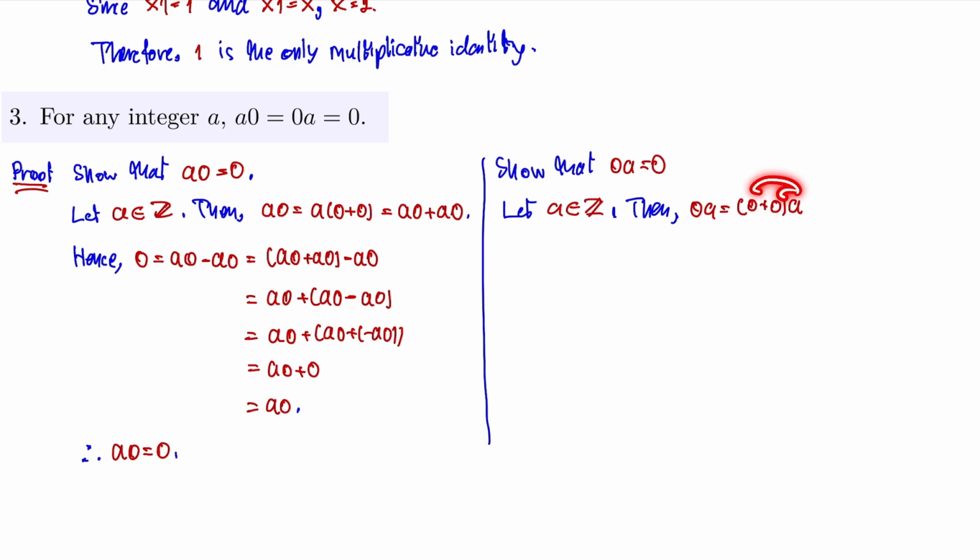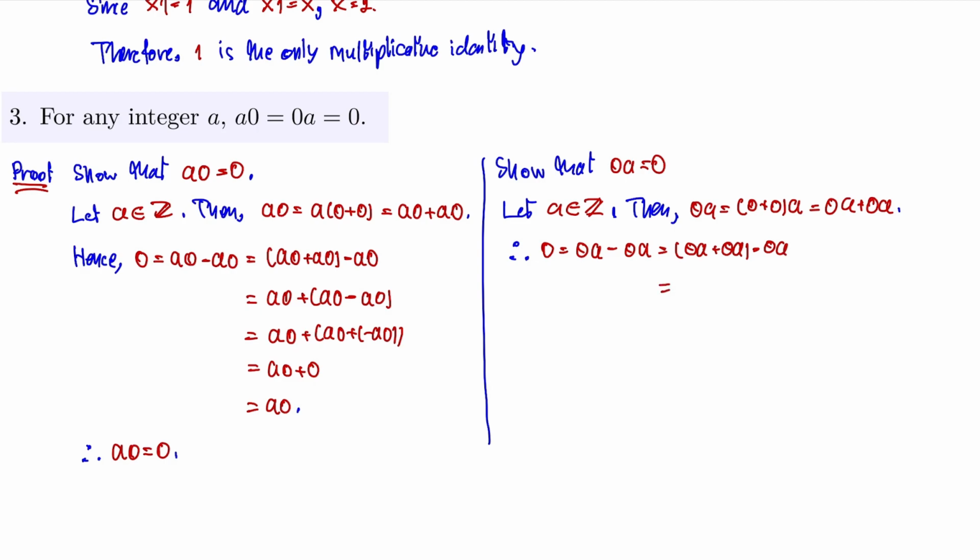And we distribute this a into this 0, we have 0a plus 0a. So we have 0 equal to, again, the same number, 0a minus 0a. So it becomes 0a plus 0a minus 0a.